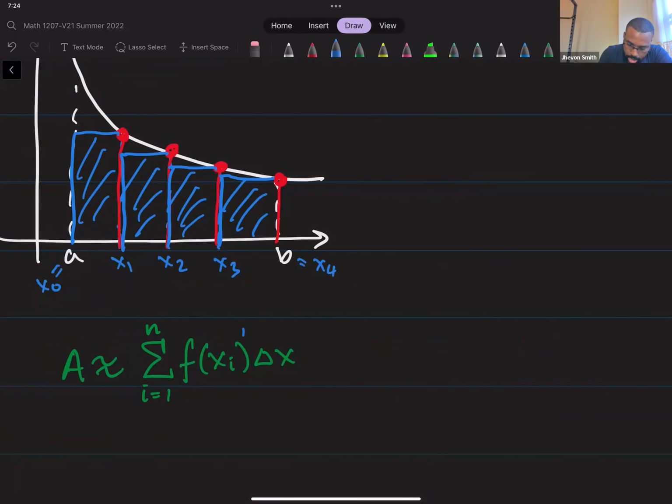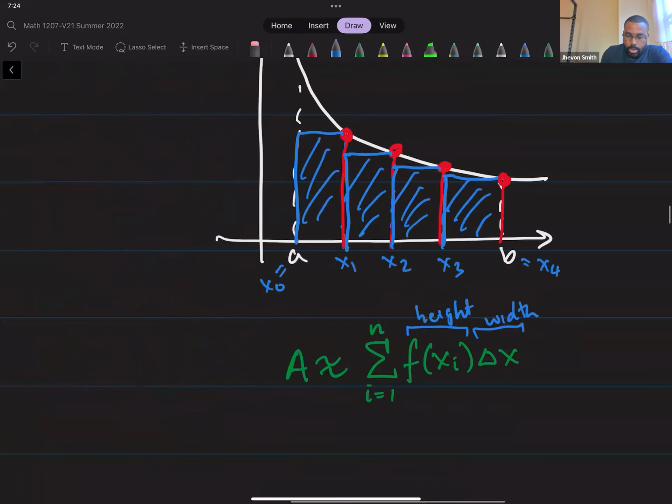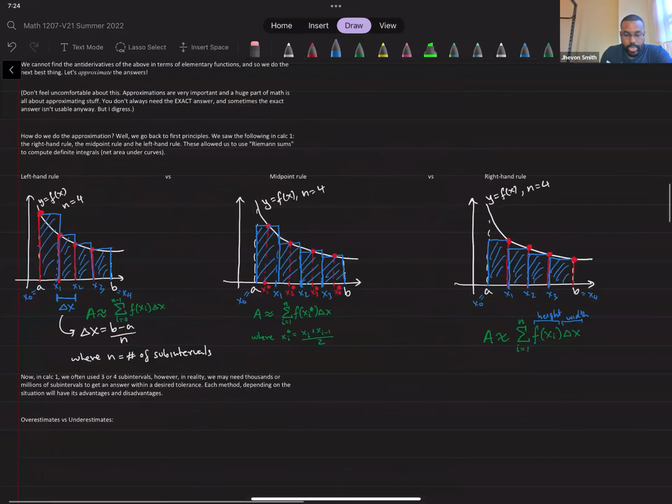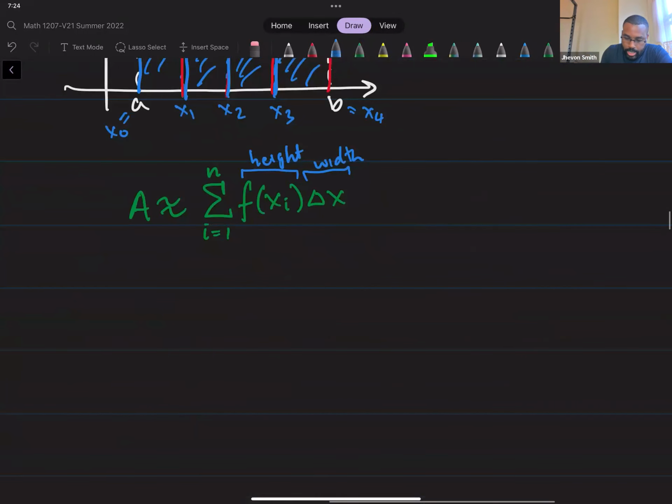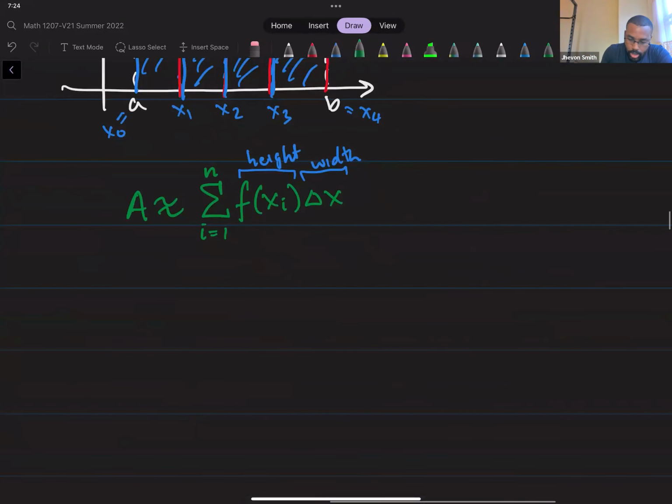This is the width, right? And this actually gave us some formulas, and these could be written out as something like delta x times f of x1 plus f of x2 plus f of x3 plus f of x4.